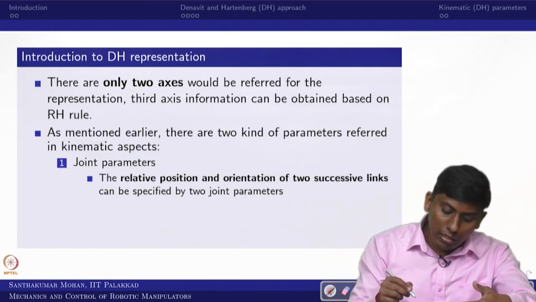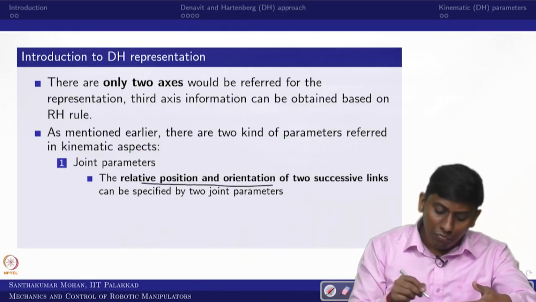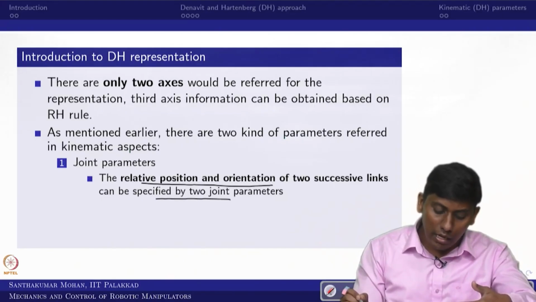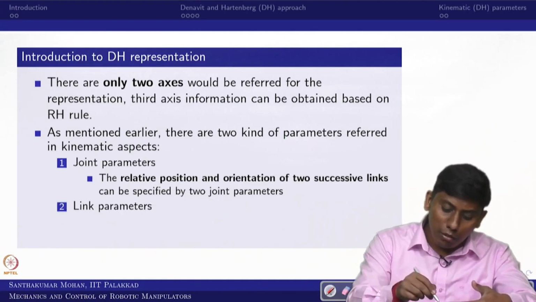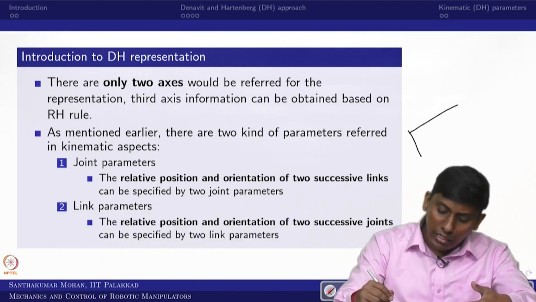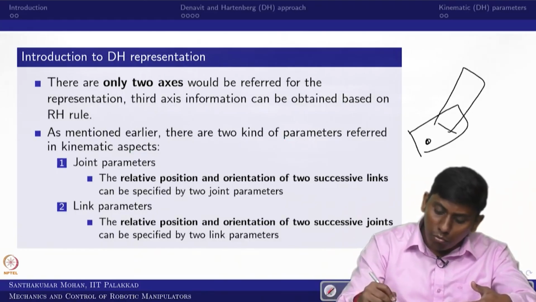The joint parameter is the relative position and orientation of two successive links, which can be specified by two joint parameters. We will see that explicitly in the coming slides. Then the link parameter is the relative position and orientation of two successive joints. Now you can see this is the top view. This is one link and this is another link.